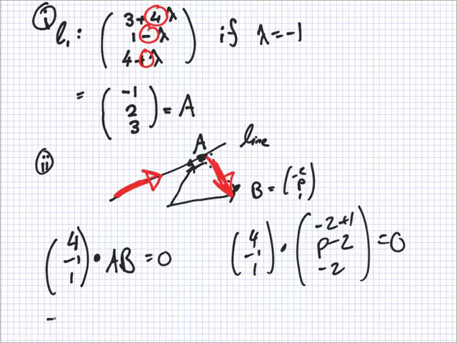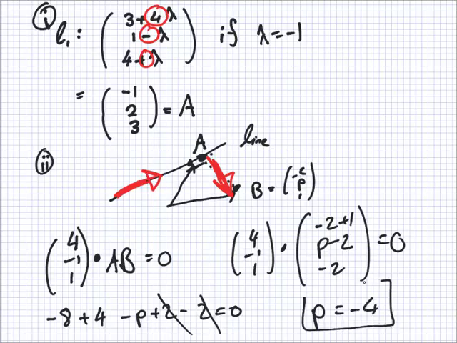So minus 8 plus 4 minus P plus 2 minus 2 equals 0. So that means P equals minus 4. Is that okay?